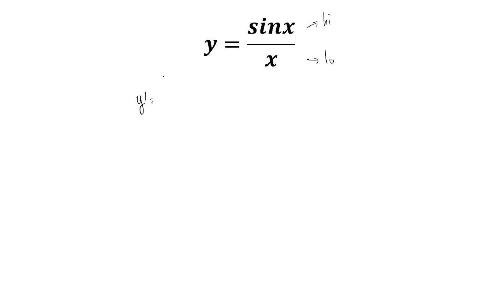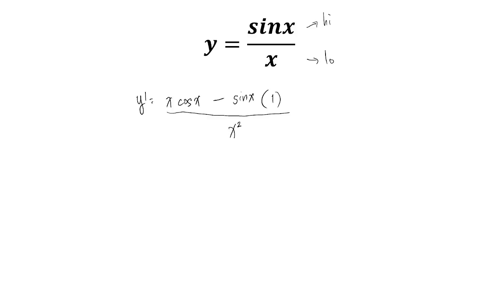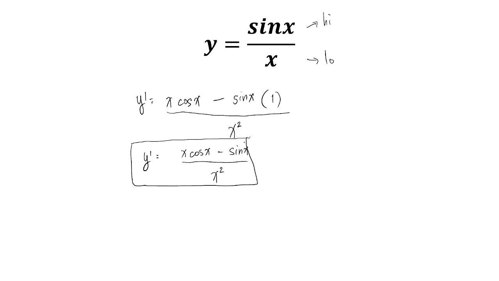We use quotient rule for finding the derivative of y. Low derivative of high minus high times the derivative of low all over low squared. Y prime equal to x cosine x minus sine x all over x squared. Therefore, that is the derivative of y equals sine x over x.